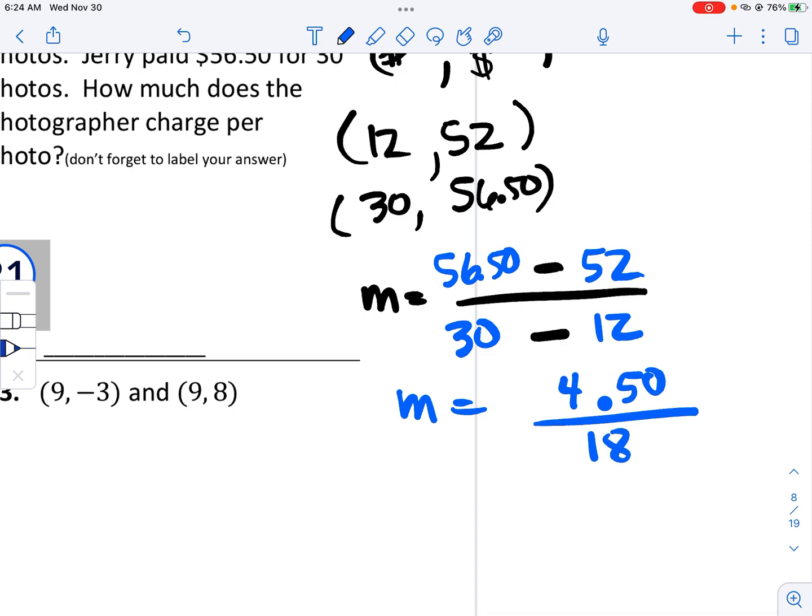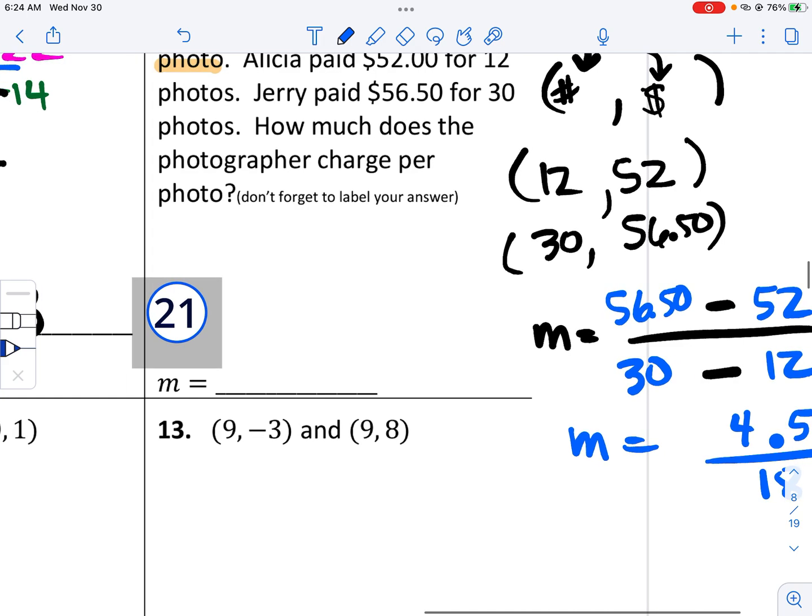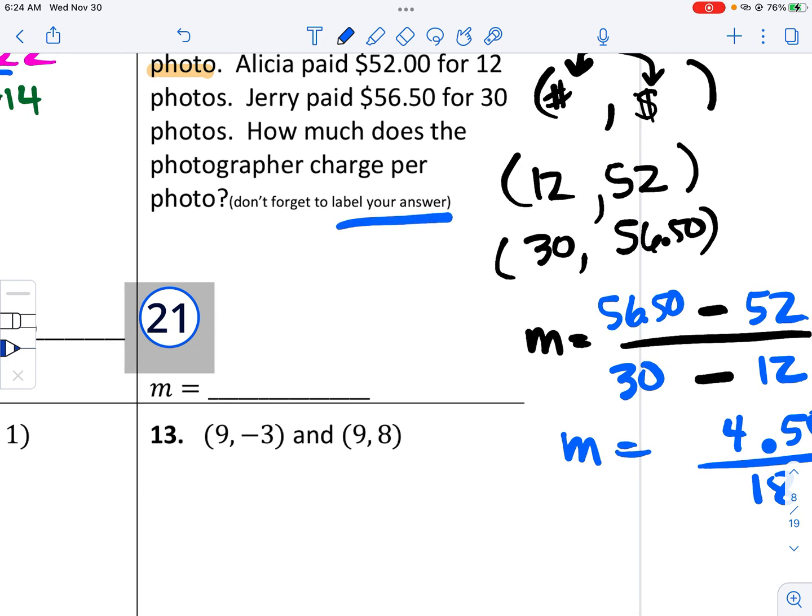Does that look right? I think so. So I'm actually going to plug it in to make sure I did it correctly. I did. So 4 divided by 18. Now, because this is a word problem, you have to label your answers. So this comes out to 25 cents per photo.